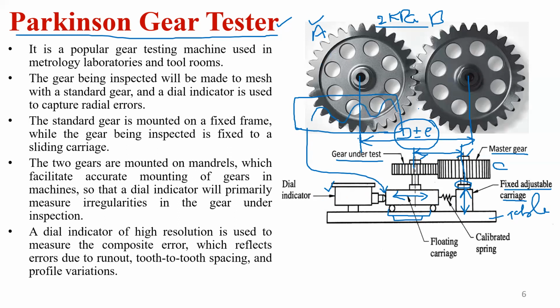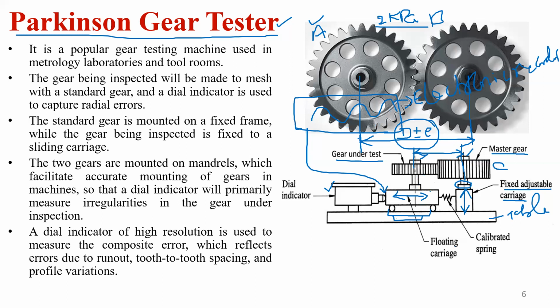This wavy form is recorded by the electronic recorder, which records the movement of the floating carriage, or the change in center distance.